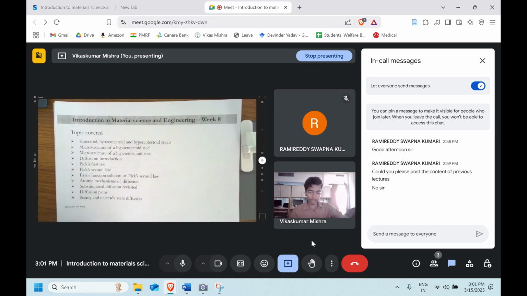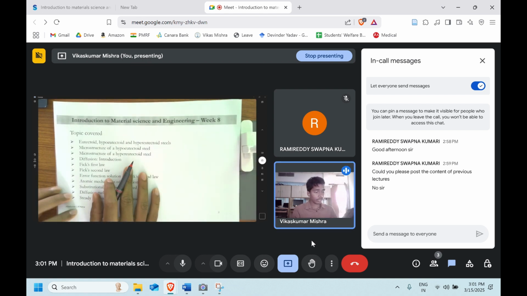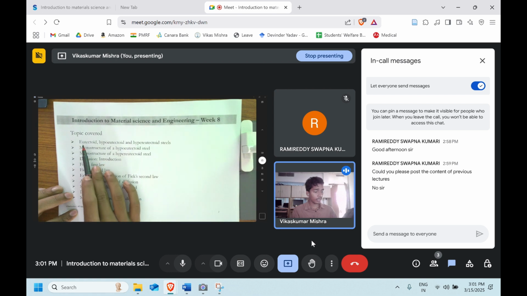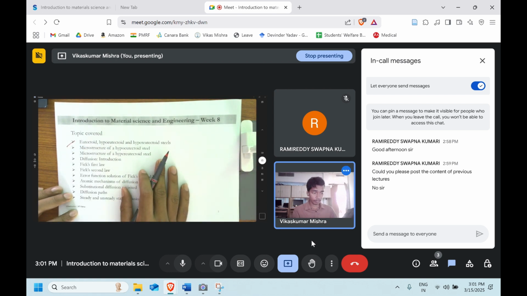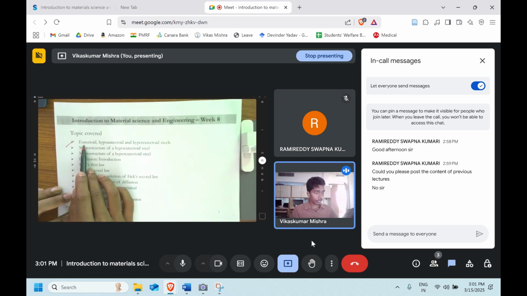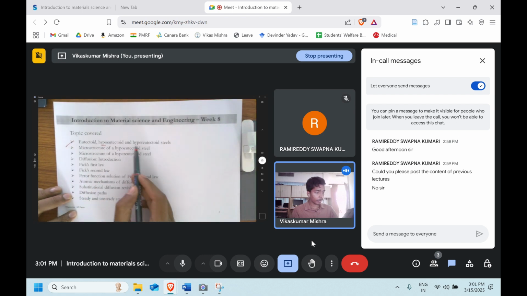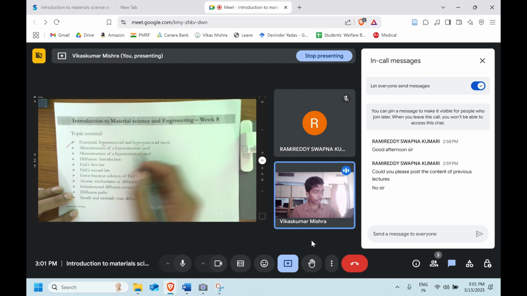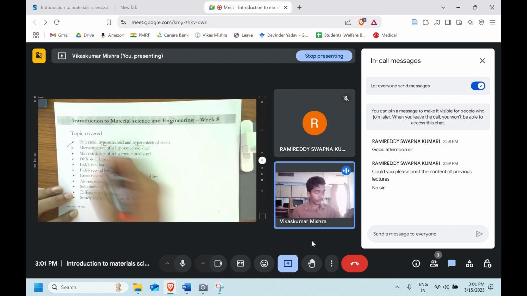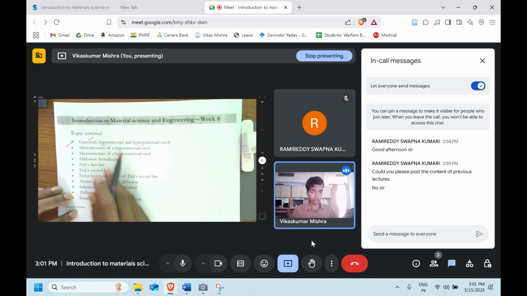Okay, let's start. So in this particular week, the content covered: we discussed eutectoid, hypoeutectoid, and hypereutectoid steels. We discussed the microstructure of each of them. First, the eutectoid, which is mostly pearlite in nature. We saw that only the pearlite microstructure is there.